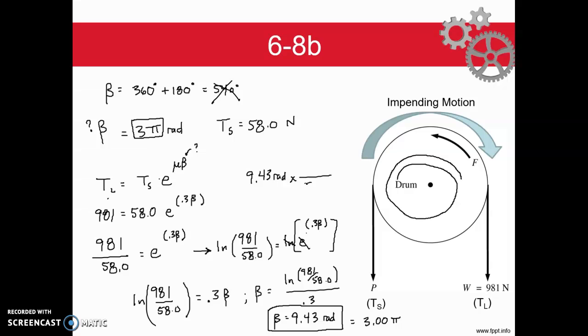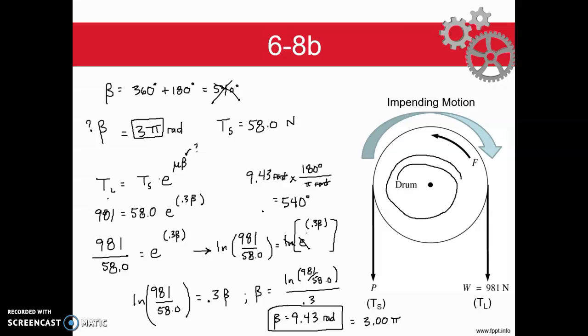For every pi radians, that's 180 degrees. So if I take that 9.43 and I multiply it by 180 over pi, the radians will cancel out and I'll be left with degrees. And so that should equal 540 degrees.